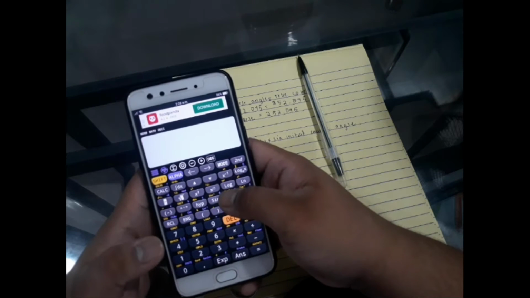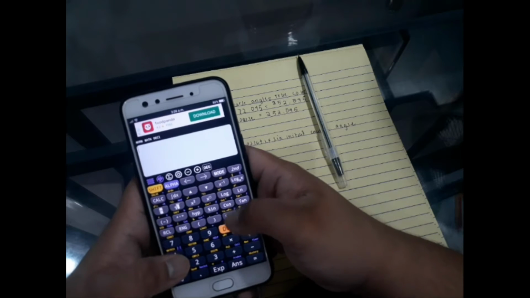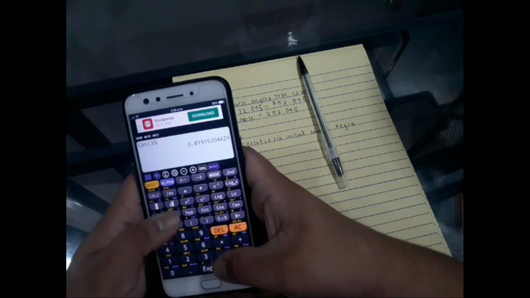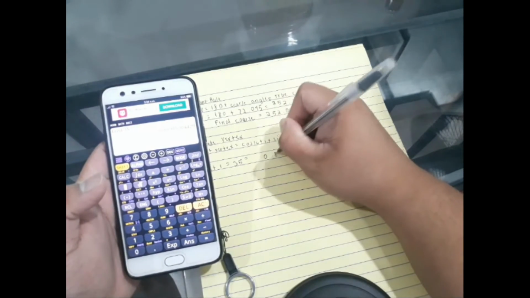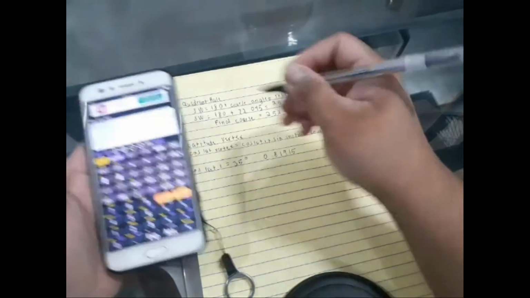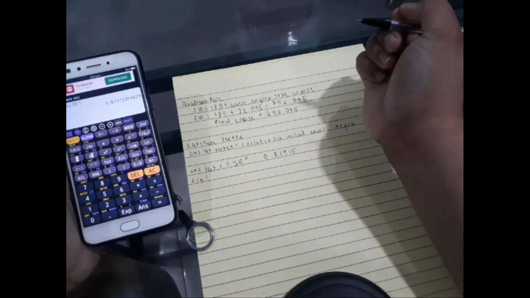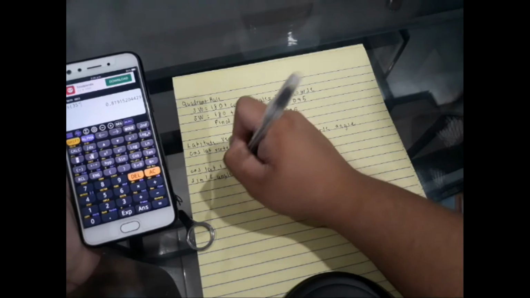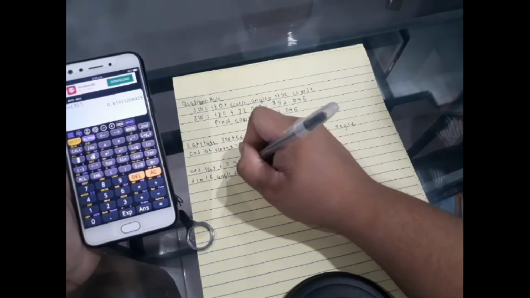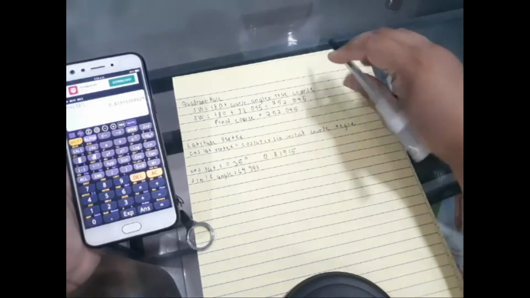cos lat 1, cos of 35 degrees is equal to 0.81915, and sin initial course angle is equal to 64.493.